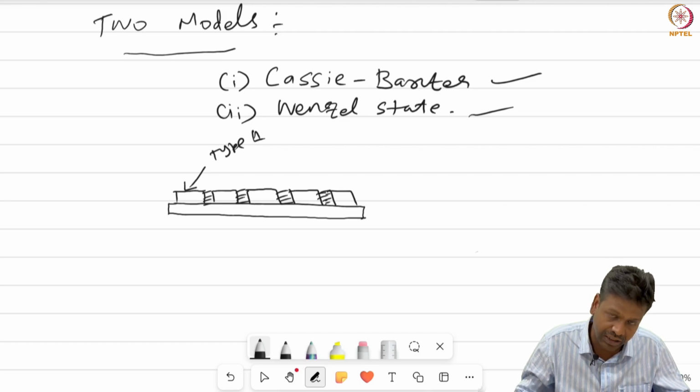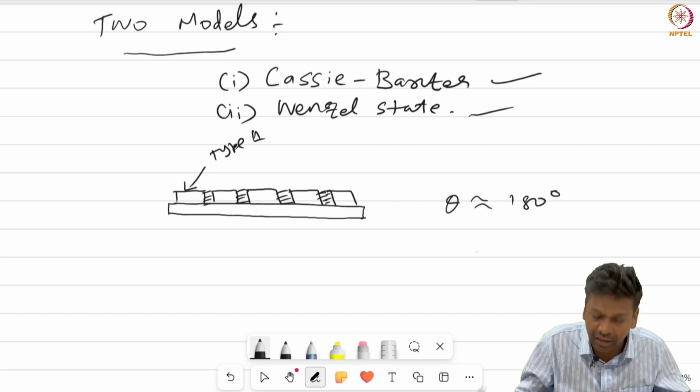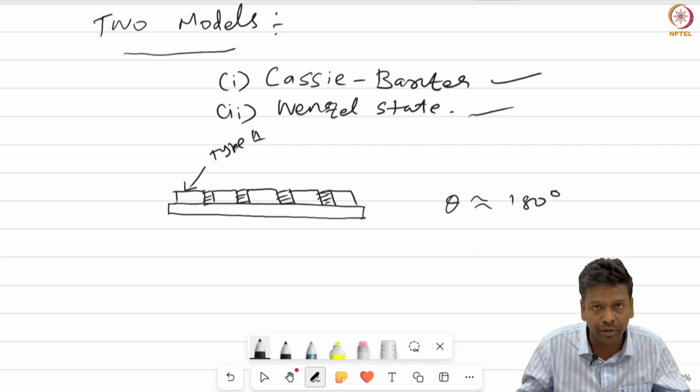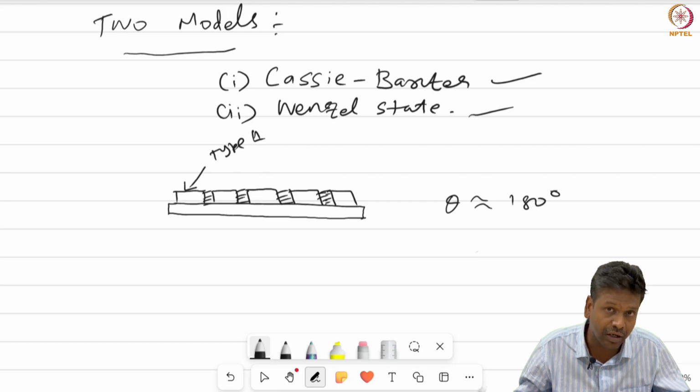In such a case, we can assume that theta will be 180 degrees, which means that the water molecules cannot enter into this zone, so the droplet will not spread at all. So we can denote theta as 180 degrees.